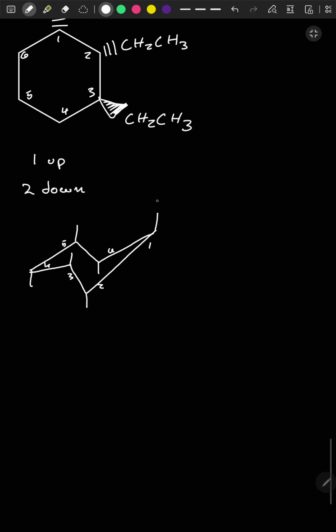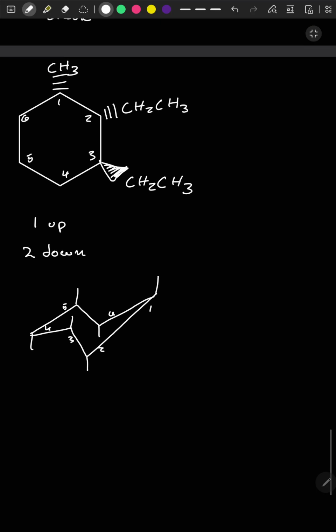Continuing. So our 1 is going to be down. We know that from the dash. So instead of going up like that, we're just going to draw this, and we're going to have one going down, CH3, that methyl group.